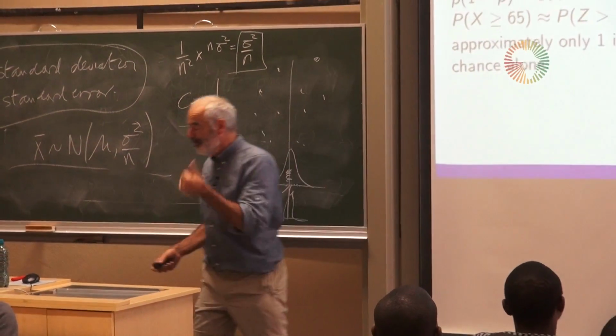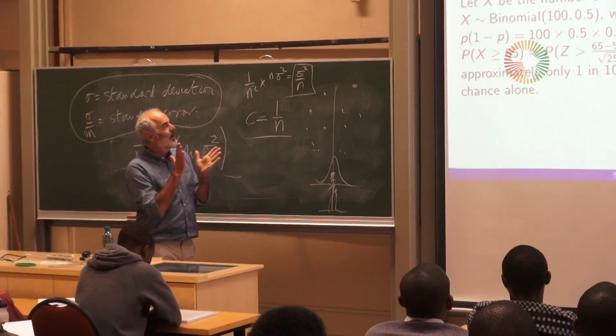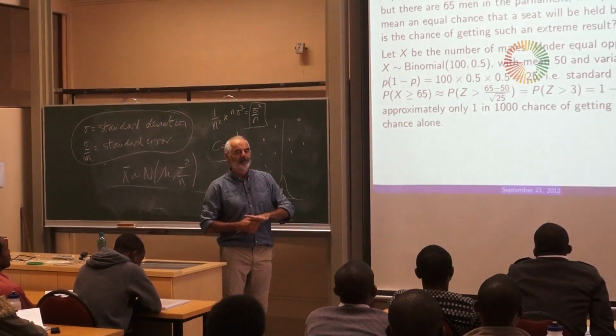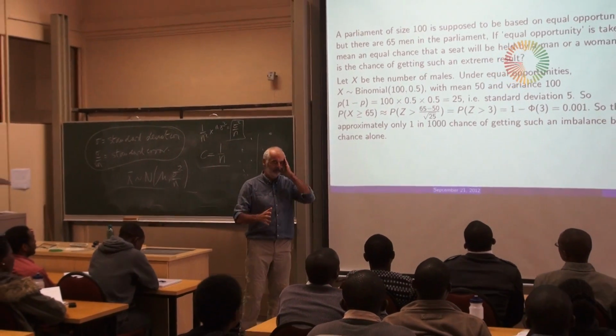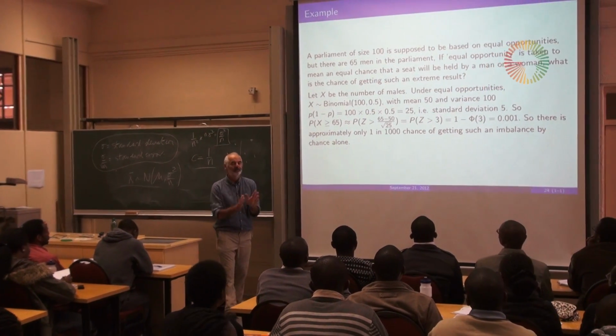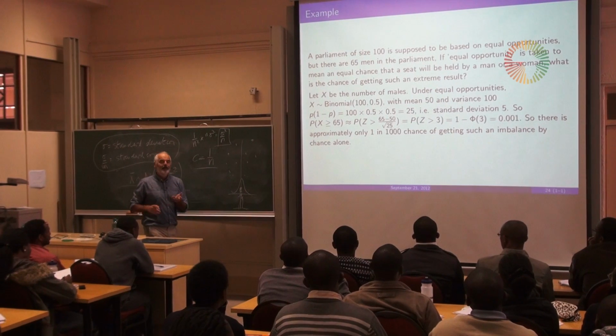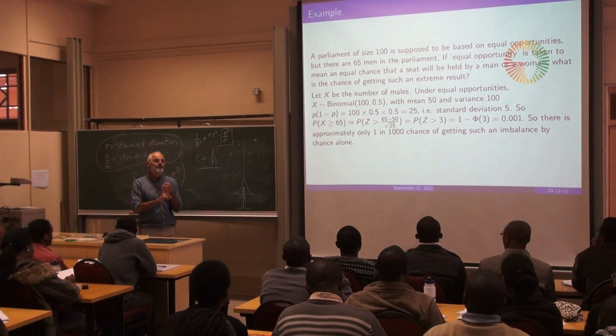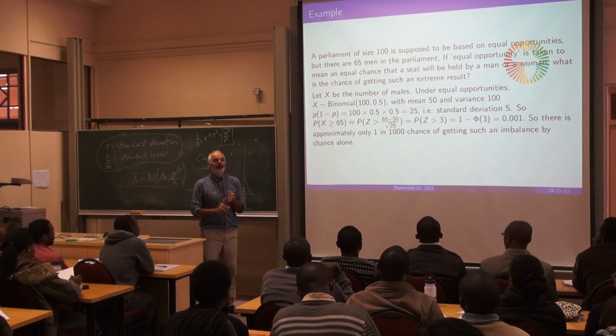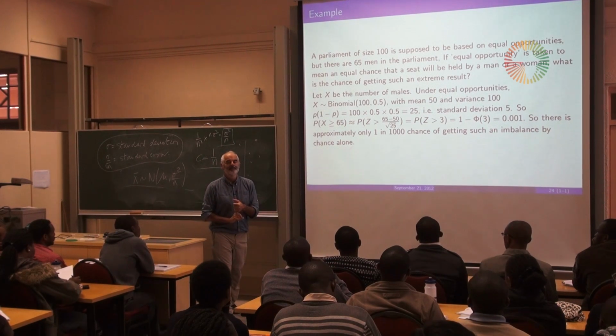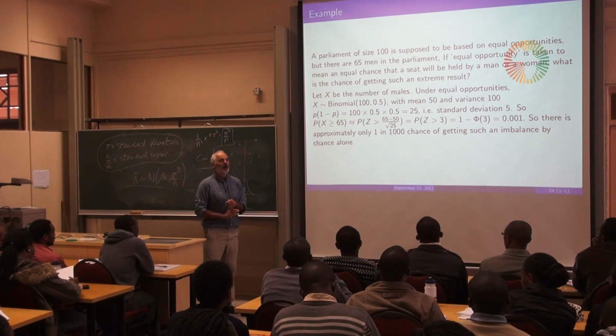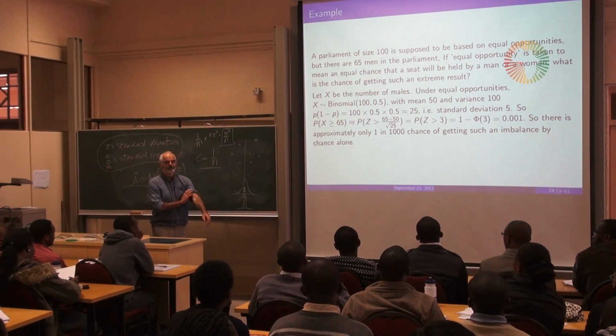Okay, this was an example. I made this up this morning. Let's suppose you've got a parliament of size 100. And it's supposed to be based on equal opportunities. But in fact, there's 65 men in the parliament and only 35 women. And somebody says, oh, well, that's just chance.